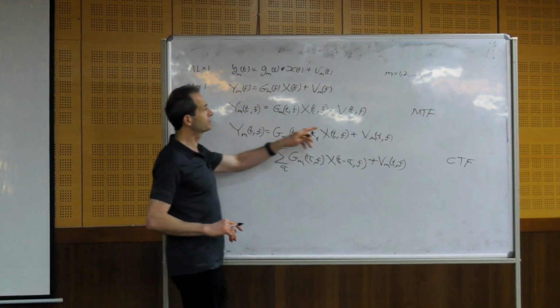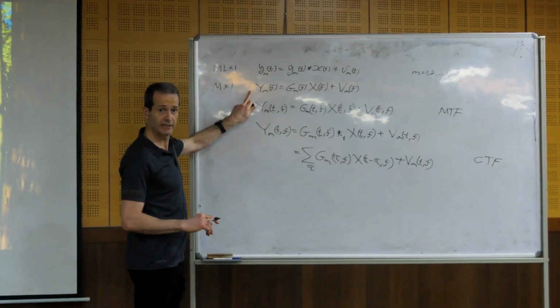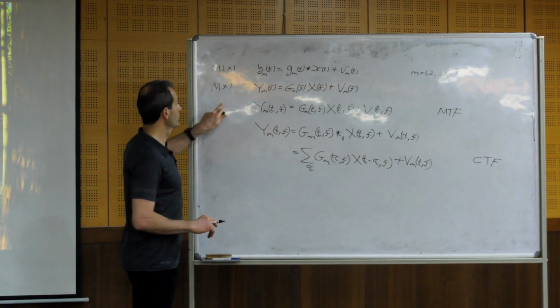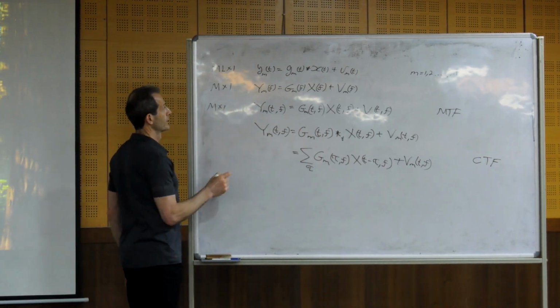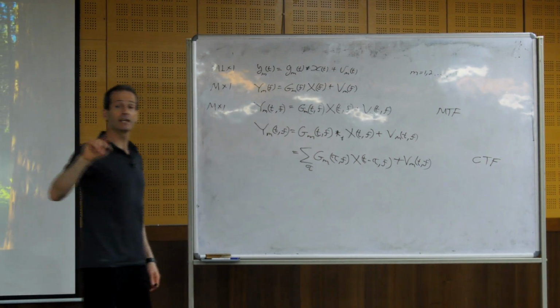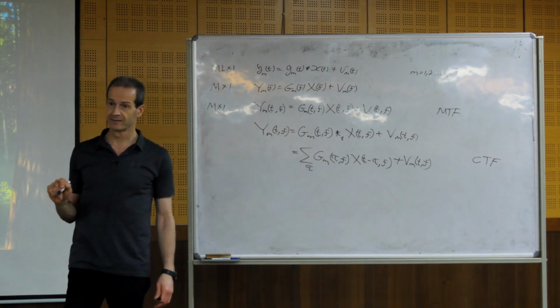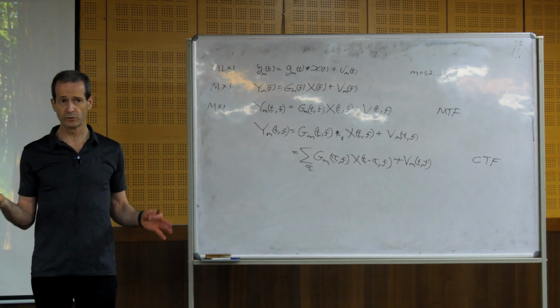Under the MTF approximation, we can work similarly to the Fourier transform, with filters of length M for each frequency. And how many frequencies do we have?